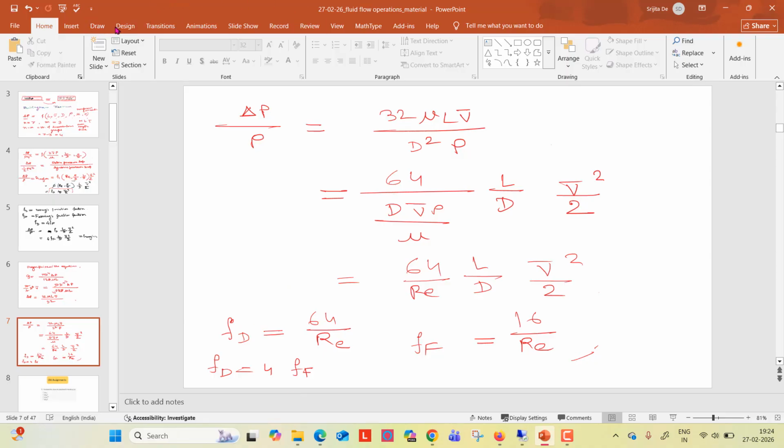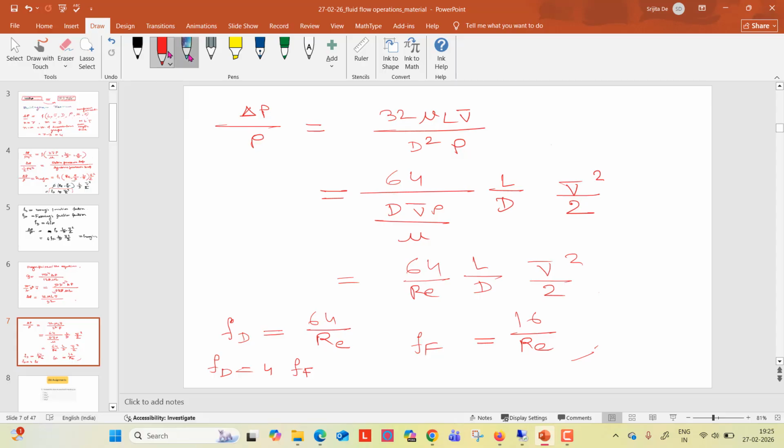These are the basic expressions you should remember for solving very simple questions or MCQ kind of things, and they may be very important in GATE questions also. Remember this, right? These are for laminar flow.